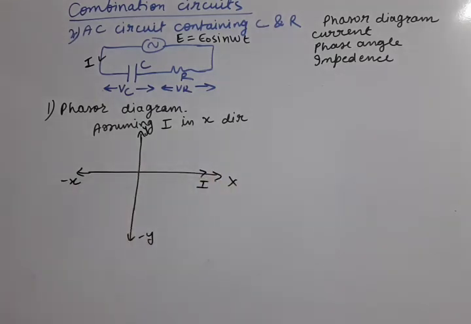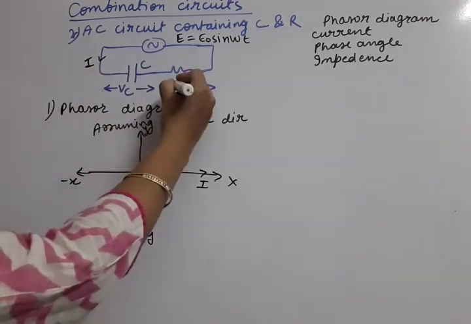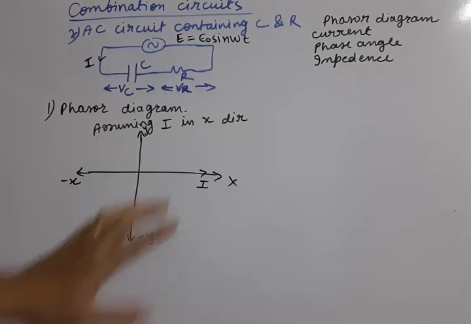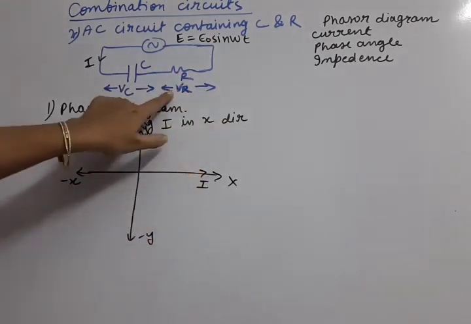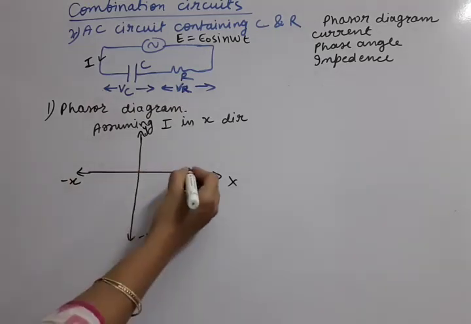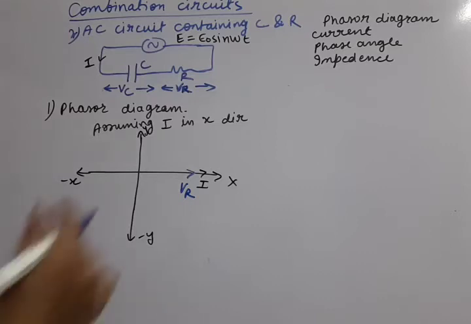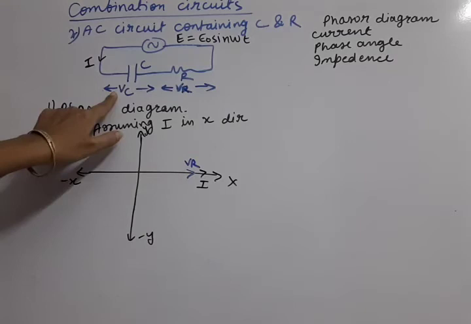After that, let us show the voltages. Firstly, we will always draw the VR voltage. Since the conclusion is that in the R circuit, voltage and current are in the same phase, VR and current are in the same direction here. This is VR. Now what about VC?